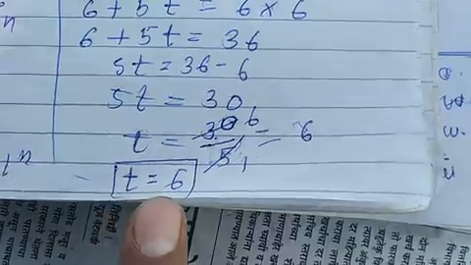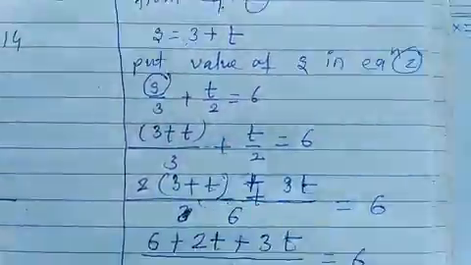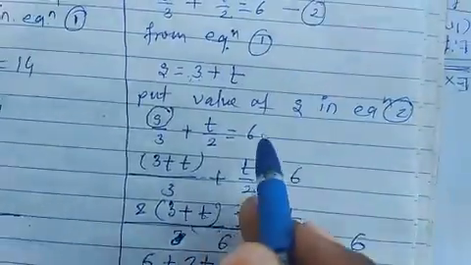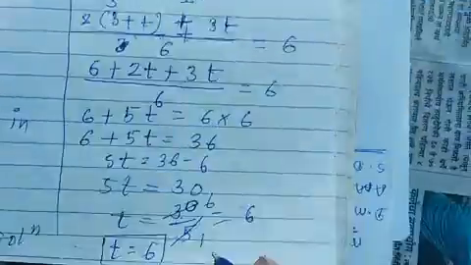Once we get the value of T, we can put the value of T in the value of S, that is S equal to 3 plus T. हमें T की तो वैल्यू हमें मिल गई है.